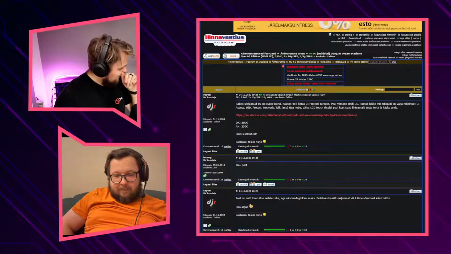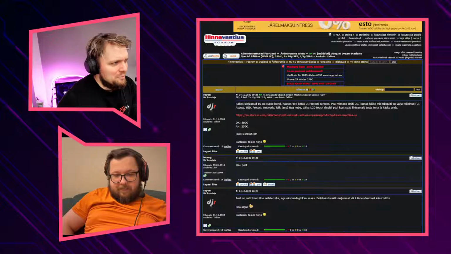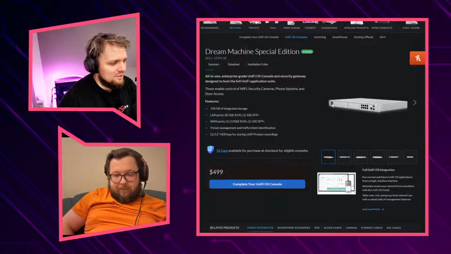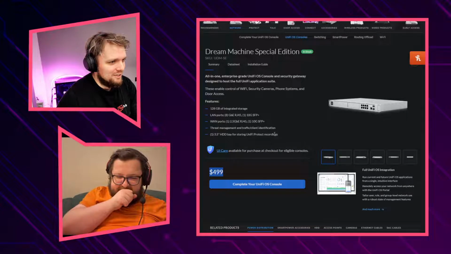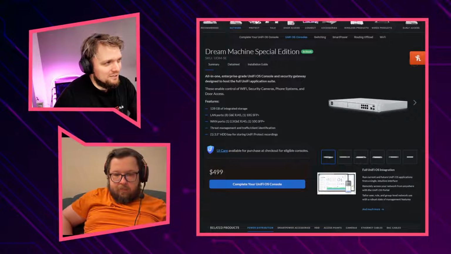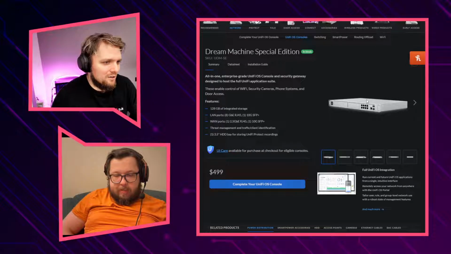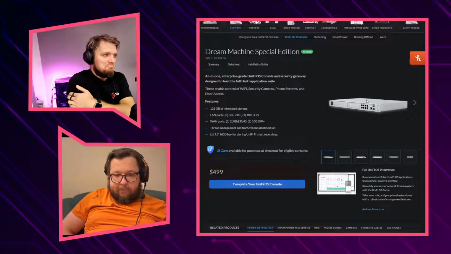I've been eyeing something like this for basically half a year. This is a 500 euro machine, technically, and everything is in it. The plan is to use this as a switch, as a router, as a video surveillance machine.